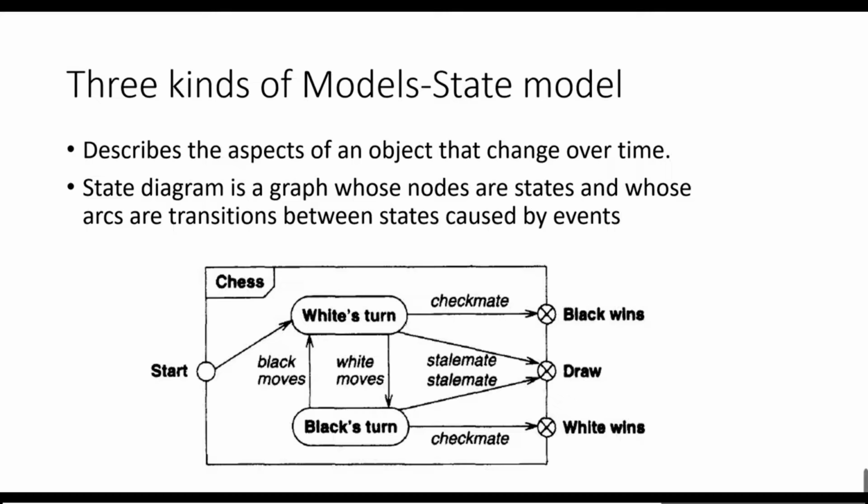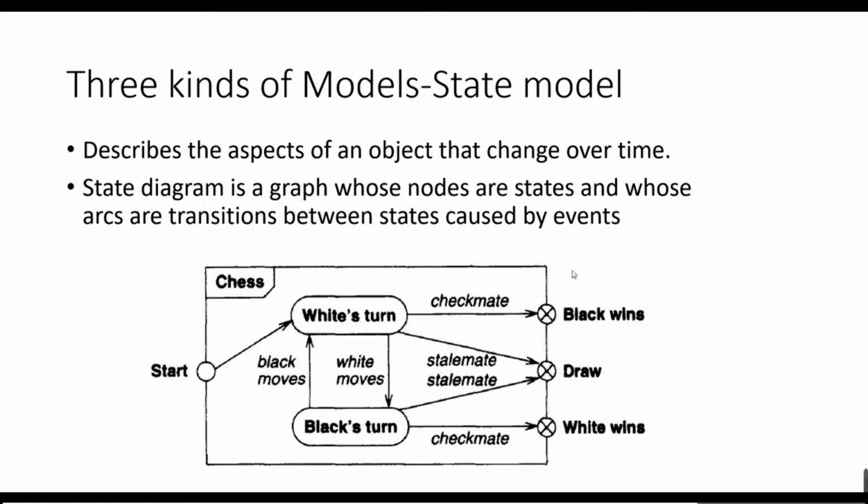It means we will need to draw a state model for one class at a time, but it doesn't mean that every class will have a state model. We only draw a state model for classes when it is necessary, and the state model describes the state changes of this class over time.